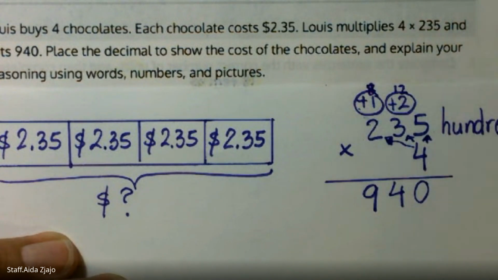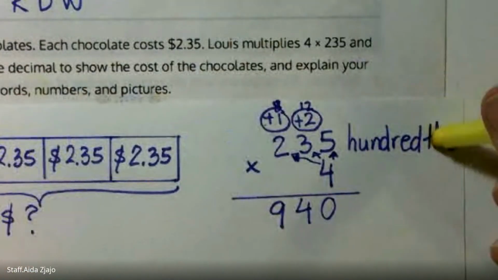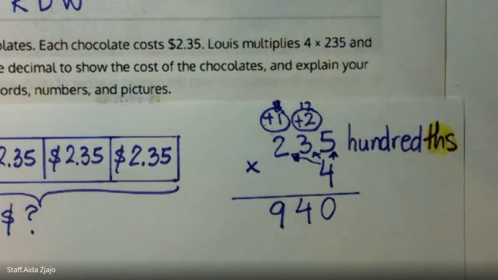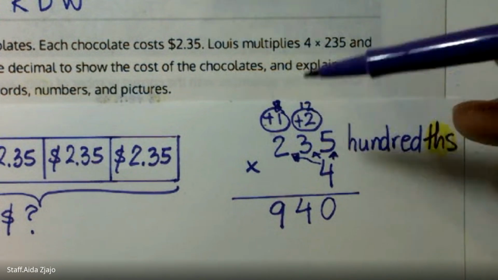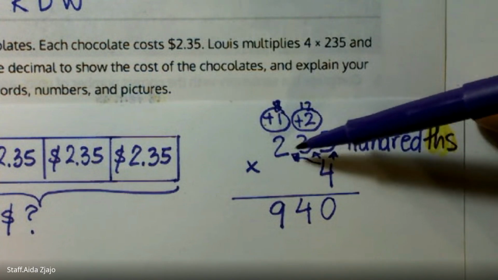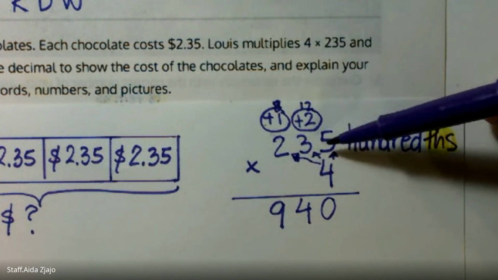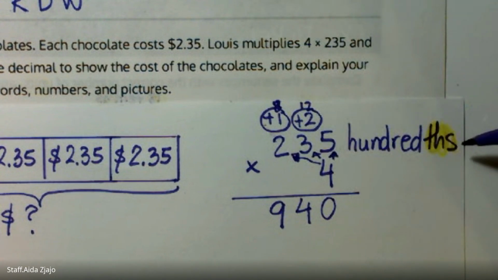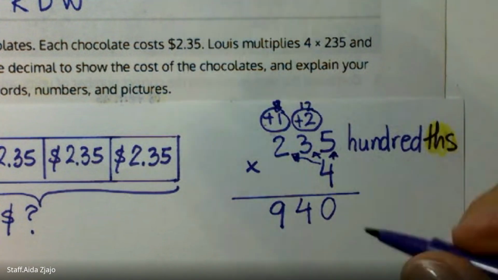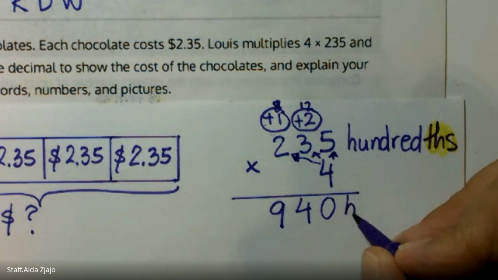If we don't use the decimal in our calculation, we need to think, okay, I changed this $2 into 200 pennies. So altogether it is 235 hundredths times 4. I got 940, but what are they? They're hundredths.